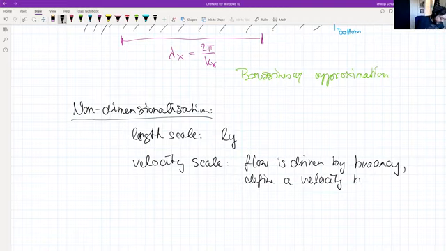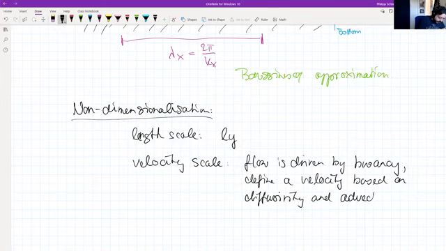Define a velocity based somehow on buoyancy, which in the end can be considered as being kind of a ratio or something that's based on diffusivity, thermal diffusivity, and advection.